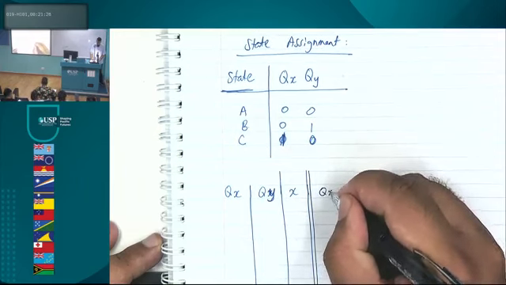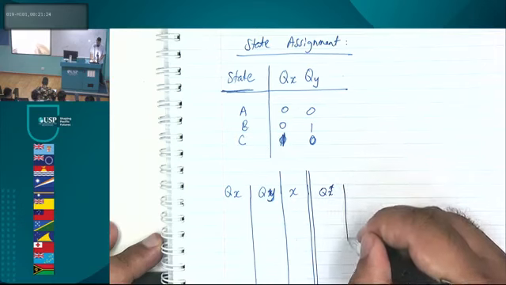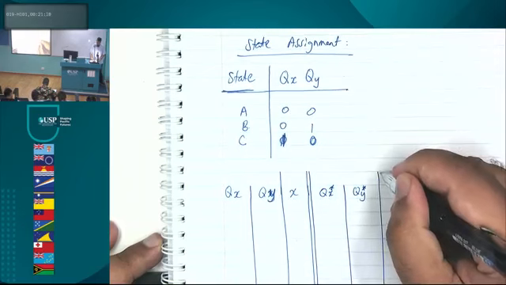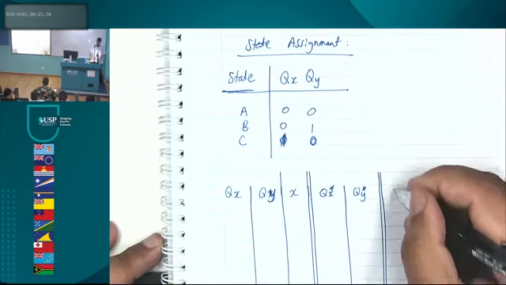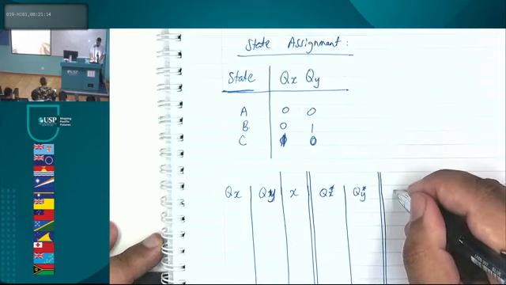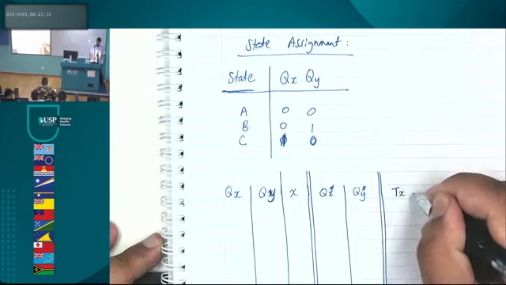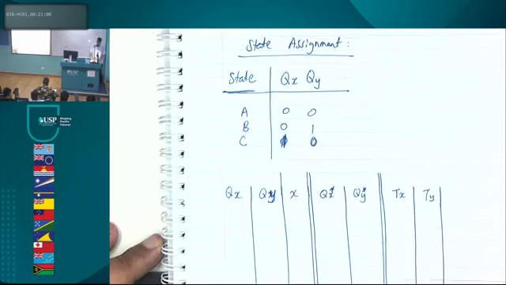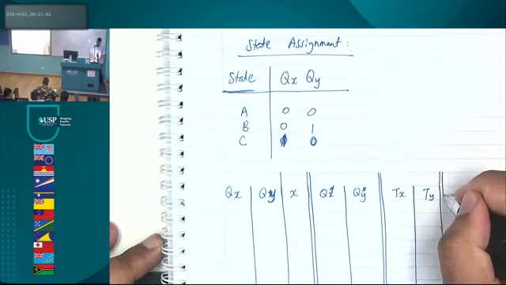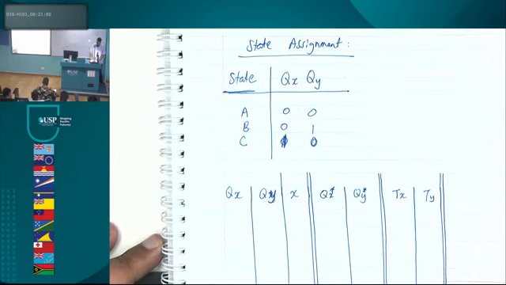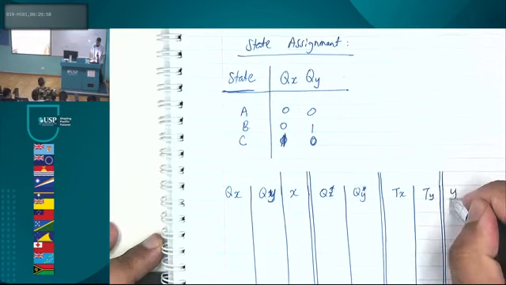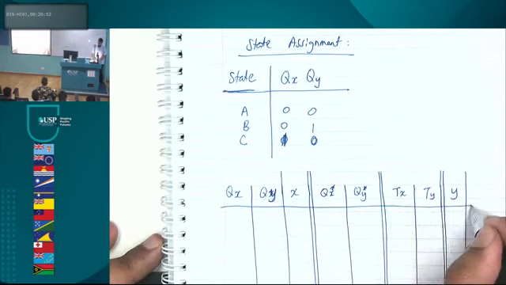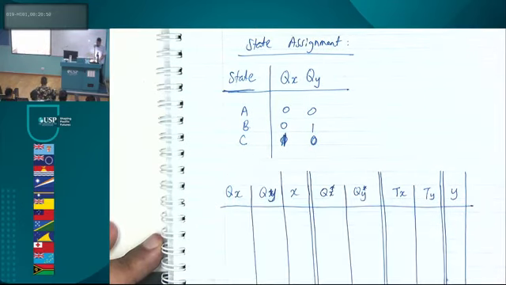Sometimes people say QX star, QY star. Then you have TX, TY. Okay, QX is current state. Let me put that in a different color.